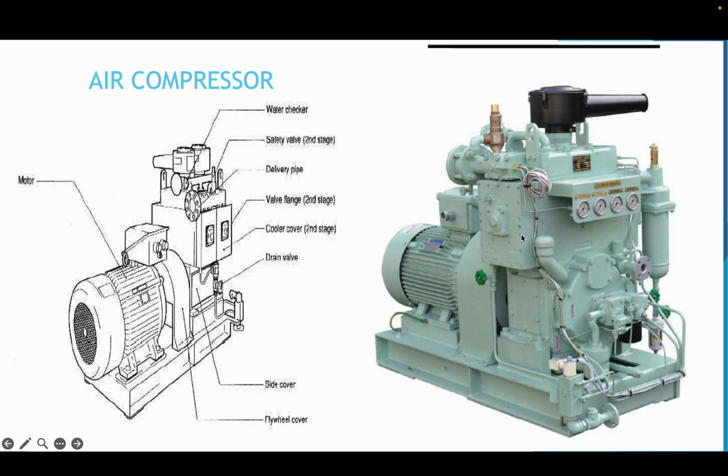Now, of the various lines you are seeing, one is going from the lubricator for cylinder lubrication, and this is a temperature sensor sensing the discharge temperature. After that, this is the side cover, foundation bolt, grounding wire and all that.